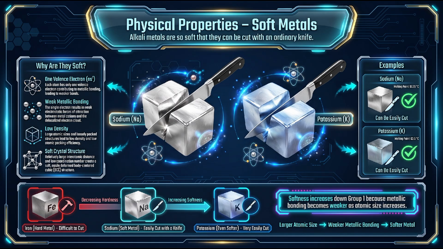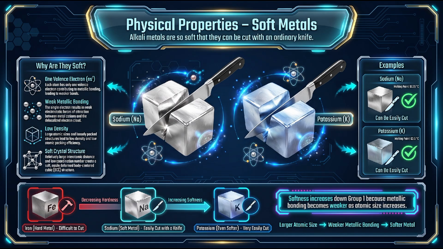Another reason for the softness of alkali metals is their large atomic size. As we move down Group 1, each successive element contains one additional electron shell. This increases the distance between neighboring atomic nuclei and the delocalized electrons that create metallic bonds. The greater this distance becomes, the weaker the attractive force between the positive metal ions and the free electrons.